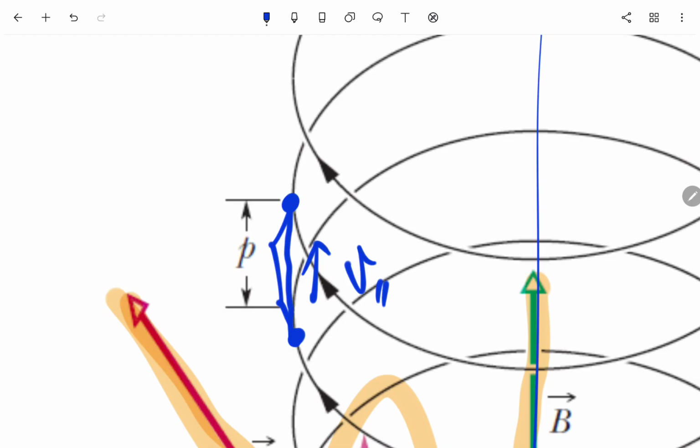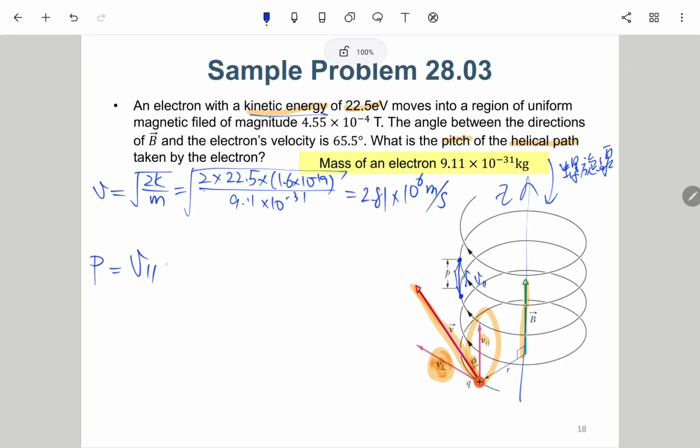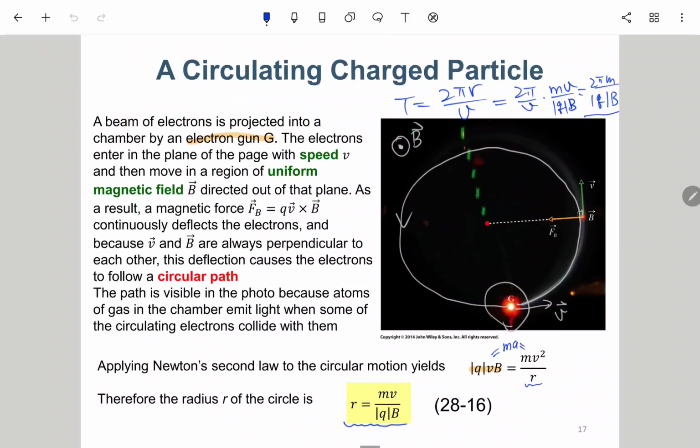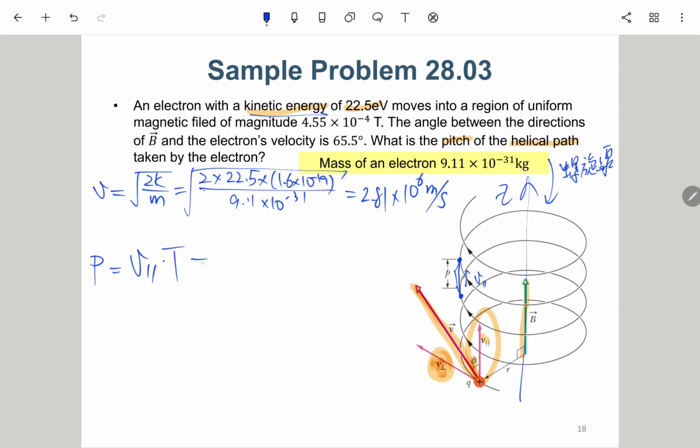It takes a period of the circular motion so that it moves up in this z direction. So multiply by this period, just as what I derived here. The period is 2 pi m over qB.